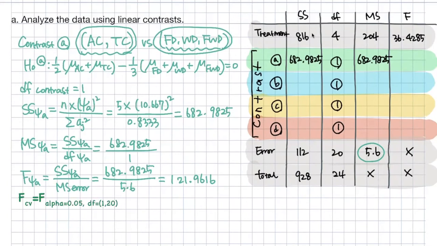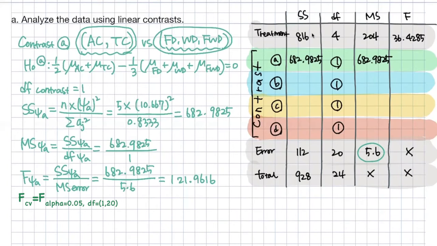So we need to find the critical value. My critical value for psi A is, I will set alpha as 0.05, and the first number of degrees of freedom is the degrees of freedom of sum of square psi A, which is 1, and the next number is the degrees of freedom of the mean square error.